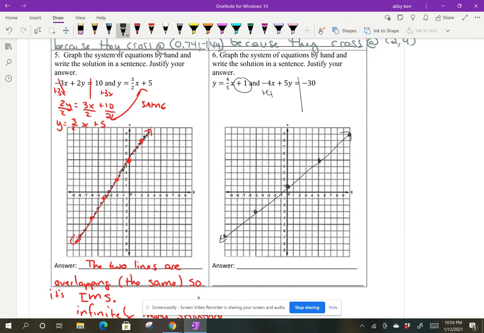So then add 4x on both sides. So it's very similar to the previous problem. Divide by 5. Notice that you can do 2 small fraction lines or you can do 1. Does not matter.